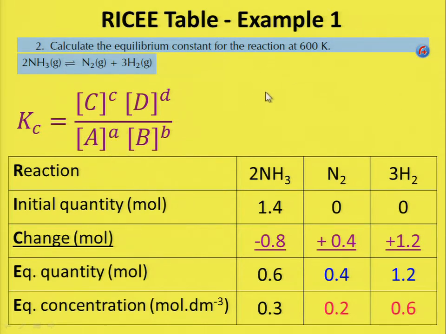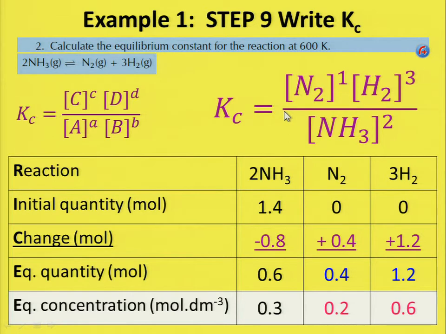So for this specific reaction, that one that we are working with, the Kc would then be the concentration of nitrogen to the power of 1, because there's only a 1 there in front of the nitrogen, times the concentration of hydrogen to the power of 3, divided by the concentration of ammonia to the power of 2.